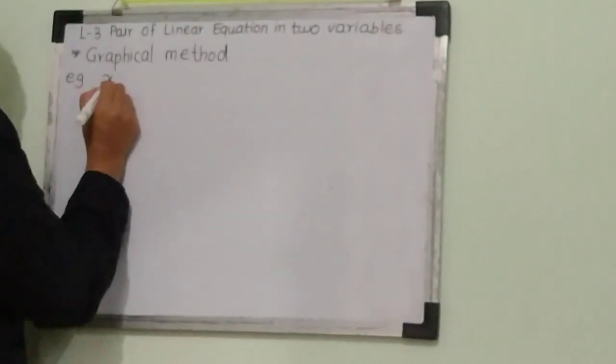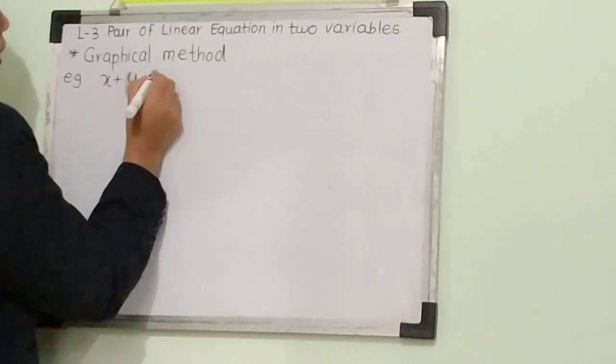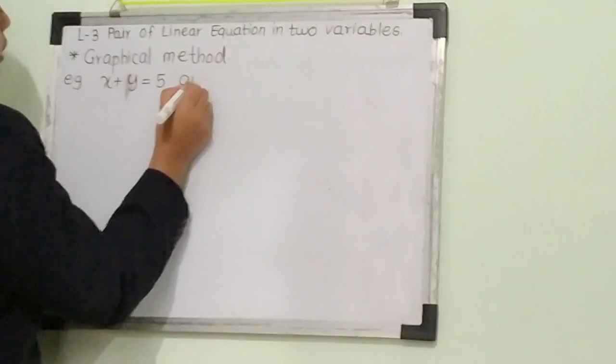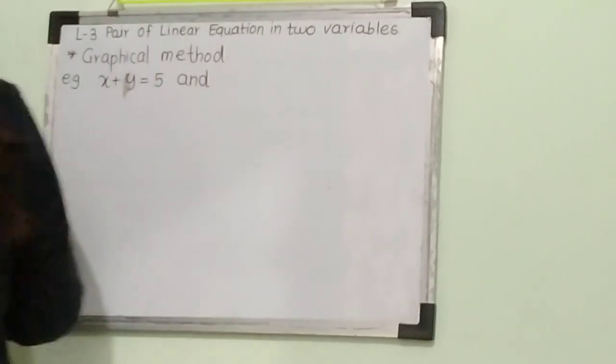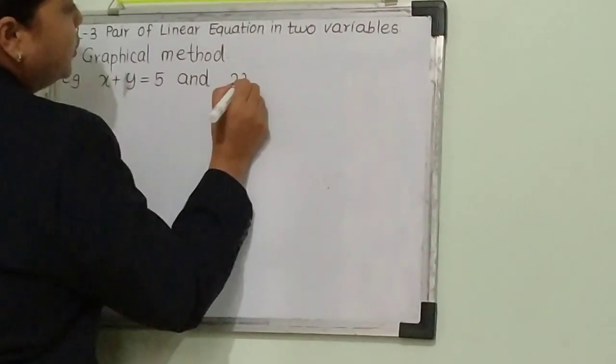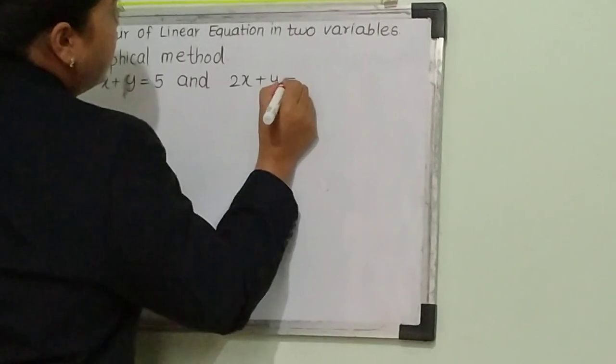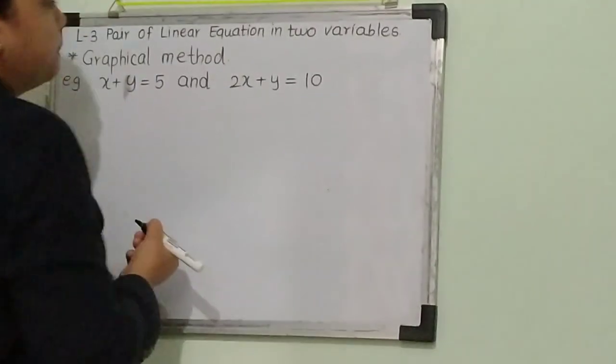x plus y equals 5, and second, that is 2x plus y equals 10.